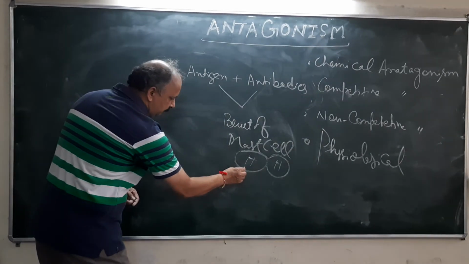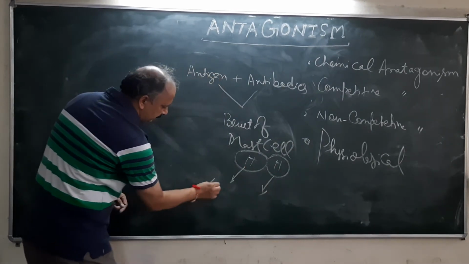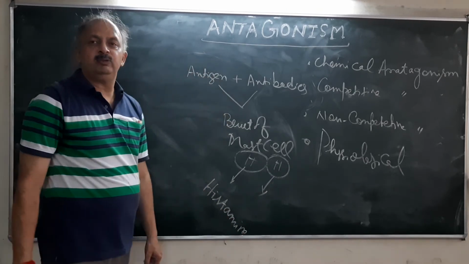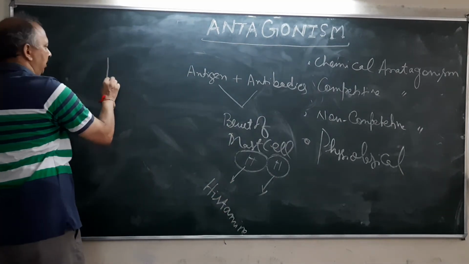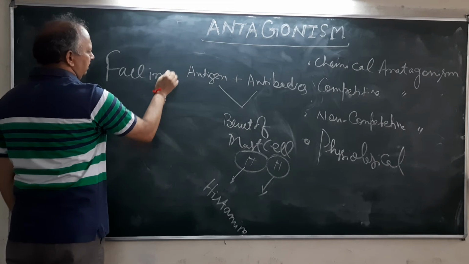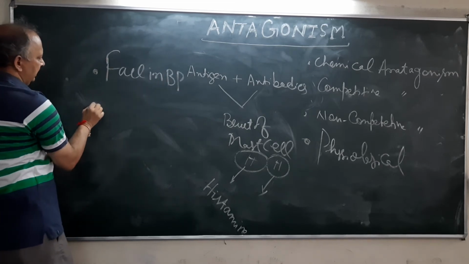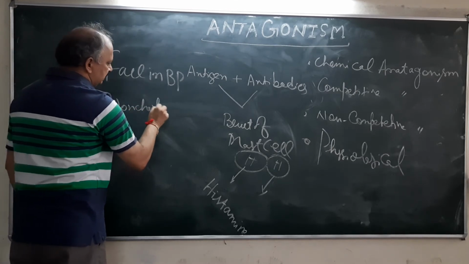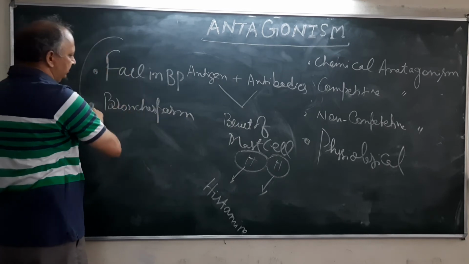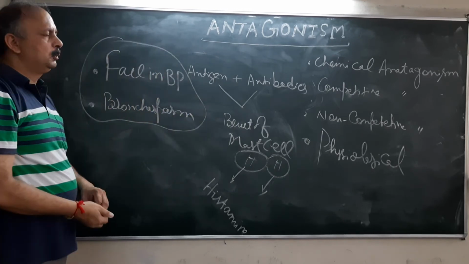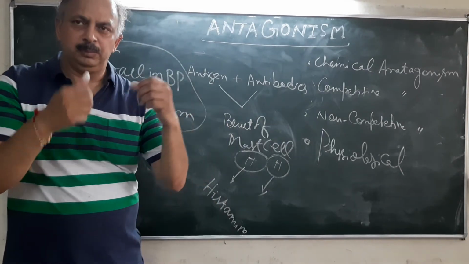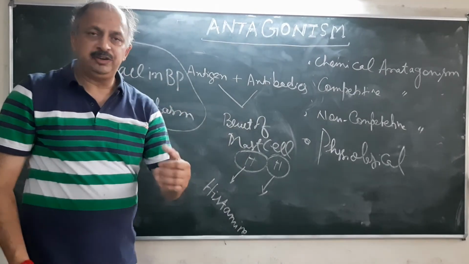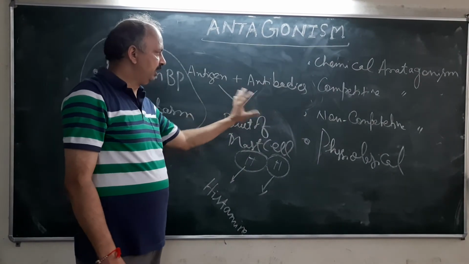The moment these mast cells burst, this histamine will come into the bloodstream, and this histamine will cause a fall in the blood pressure as well as bronchospasm. Once again I will repeat. Suppose a person goes to a doctor and he prescribes penicillin injection, and the moment it is injected, it acts as an antigen and an antigen antibody reaction can take place.